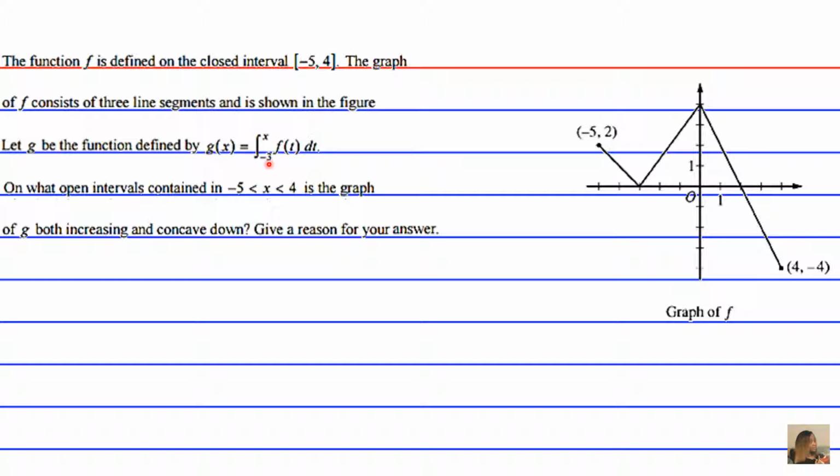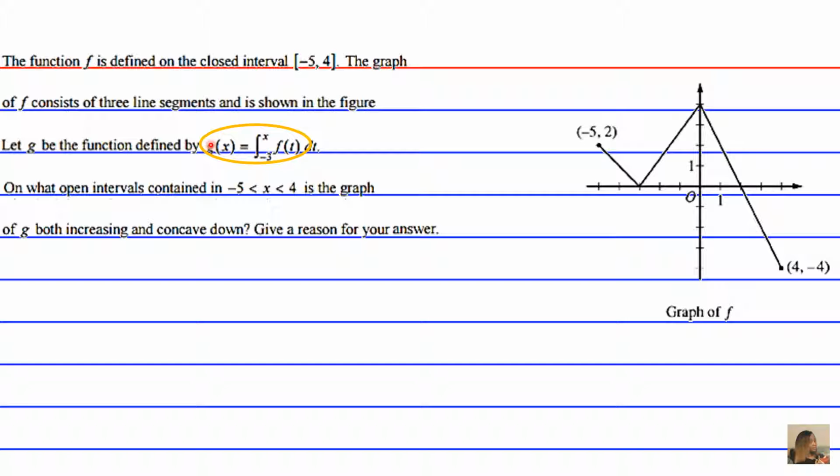Since we're integrating f of t to find g of x, g prime of x is just the derivative of the integral of f of t dt, because the fundamental theorem of calculus links integration and differentiation as being opposite functions to each other. So we basically take the derivative of g of x.